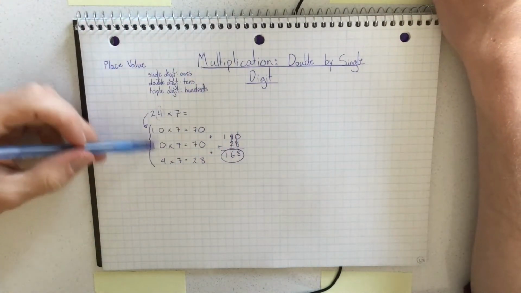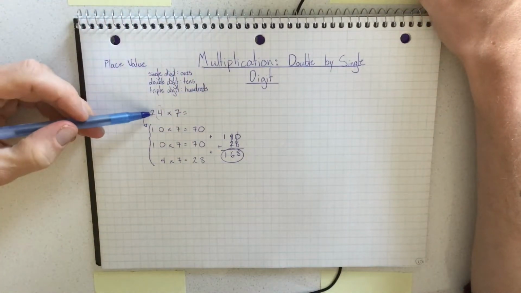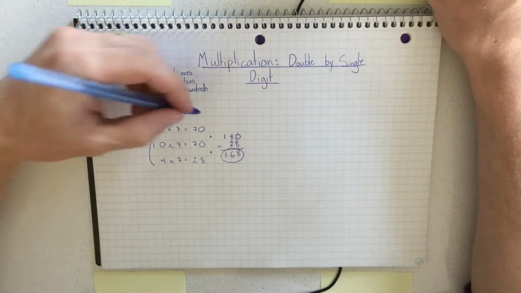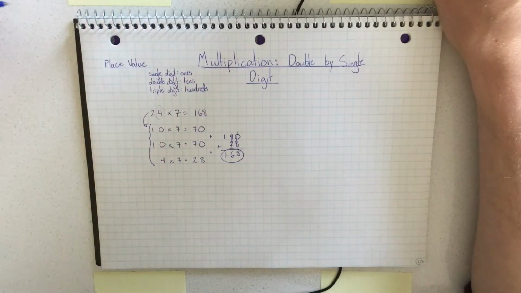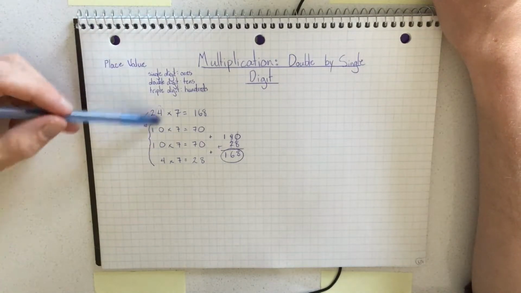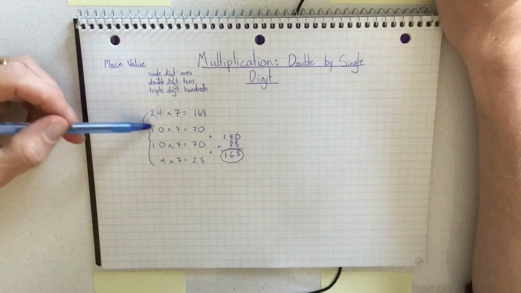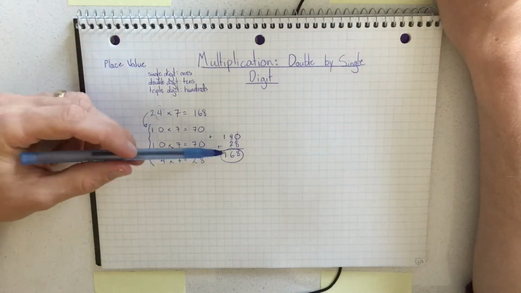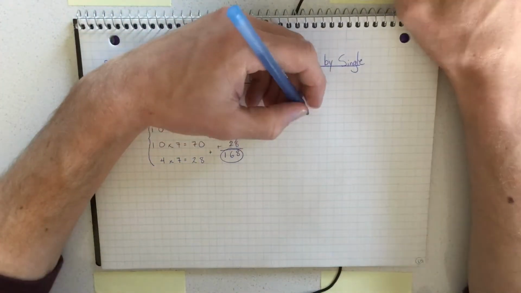Therefore, we can see that the factors of 24 multiplied by 7 equal a product of 168. So that's one way we can do this, by breaking up larger factors that we're not confident with into lesser factors that we can then add back together later. That's one method. I'm going to try a different one.